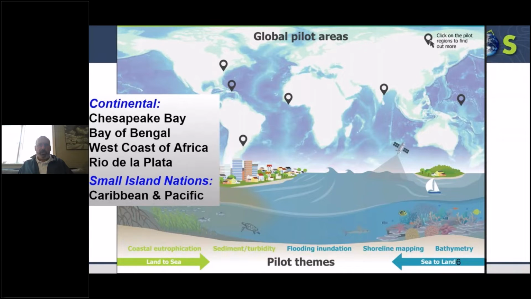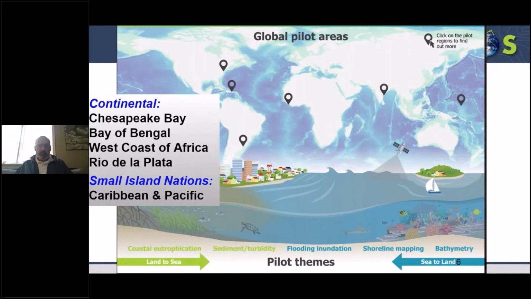There's also the Rio de la Plata in South America, which is a very interesting region from a water quality and from sediment loadings and impacts. Those are all at the continental scale, but we're also interested very much in small island nations or large ocean states, as they're sometimes referred to, both in the Caribbean as well as the Pacific.